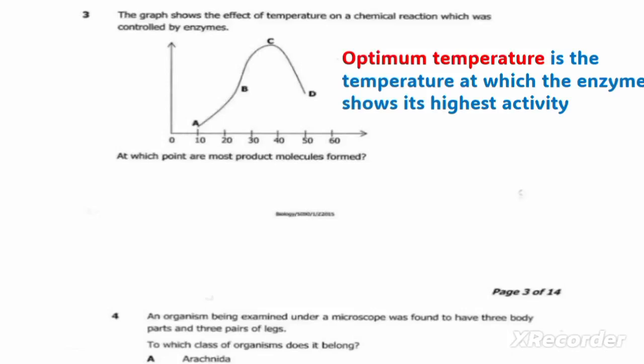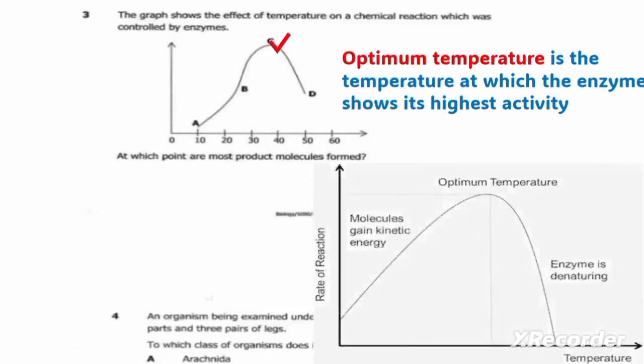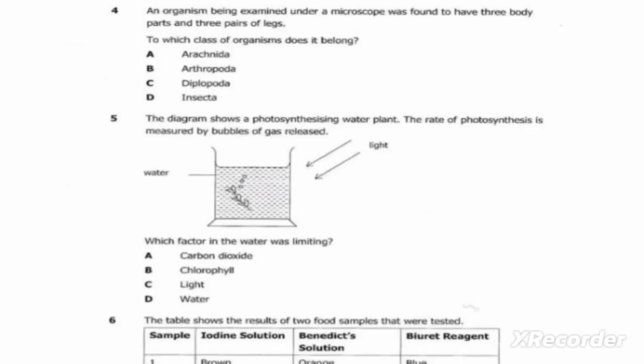The optimum temperature is the temperature at which enzymes work well or perform best. Therefore, our correct answer is C. We can see that C is showing the optimum temperature. Without wasting time, let us move on to the next question, which is question 4.